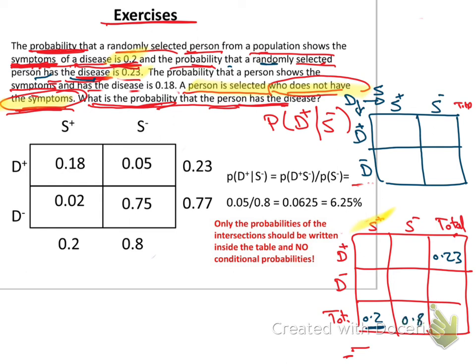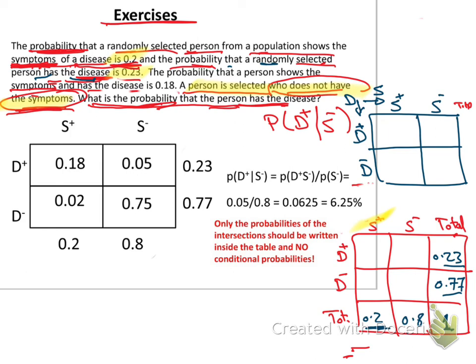The probability that they will have the disease is 0.23, so the probability that they don't have the disease is the complement, which is 0.77. If we add these two together, they give us 1. So now we are right.